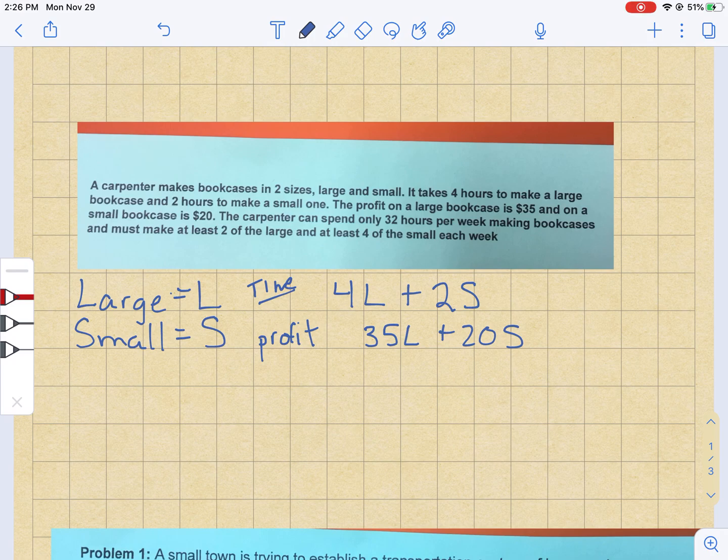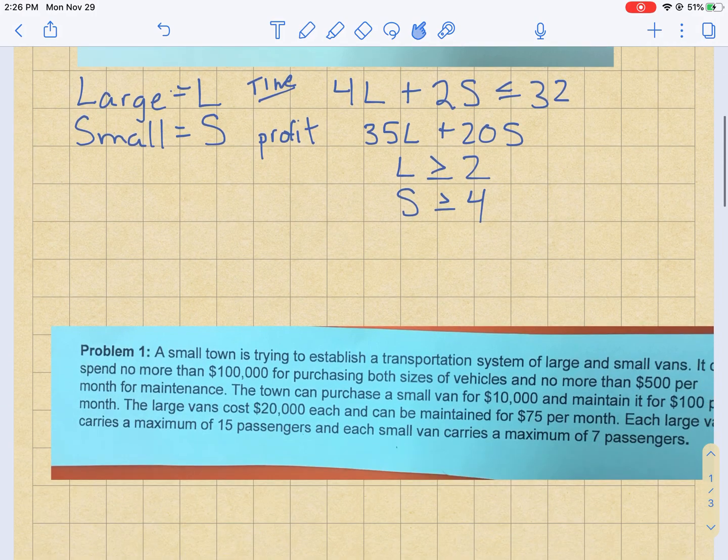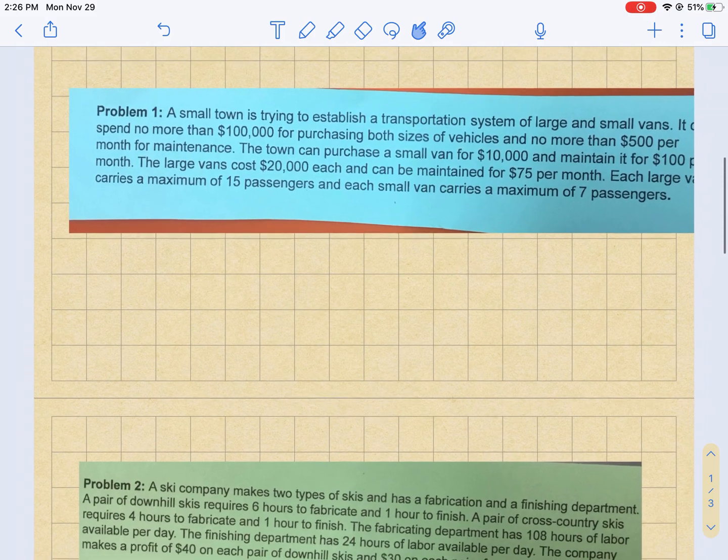The carpenter can only spend 32 hours per week, so our time has to be less than or equal to 32. He must make at least 2 large, so our large has to be greater than or equal to 2, and at least 4 smalls, so our smalls has to be greater than or equal to 4. And those would be our equations. So we're going to take a look at a couple of these.